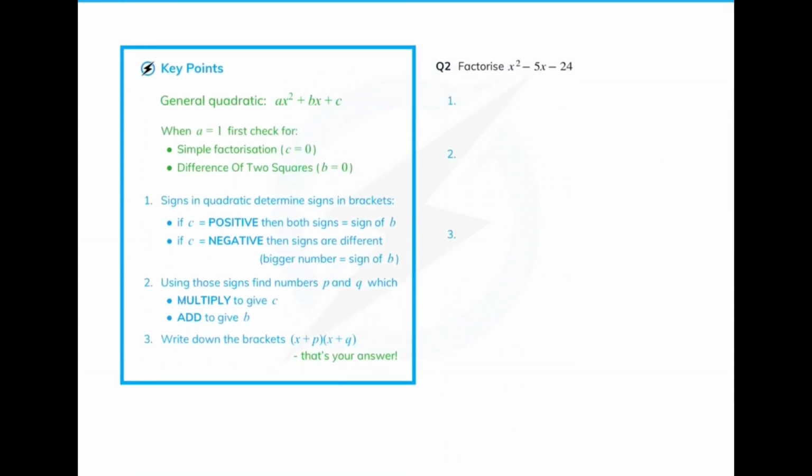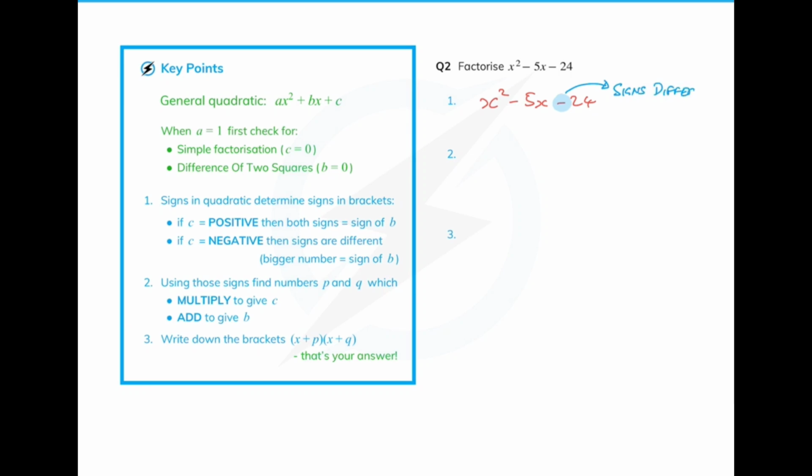Let's just do one more where c is in fact negative this time. It's only slightly different. So we look at our quadratic, there it is. Let's write it down and get x squared minus 5x minus 24 to give us some room to work. We look at this sign first. This time it's negative. So we follow the thing that says if c is negative, then the signs will be different.